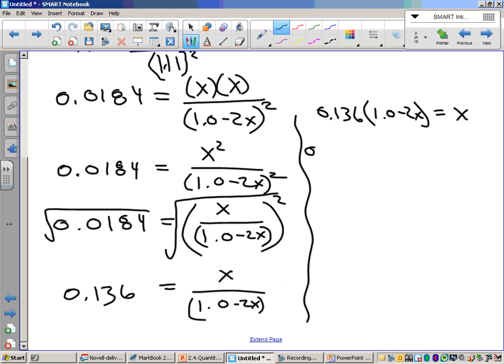So foiling that through, 0.136 times 1, minus 0.136 times 2.